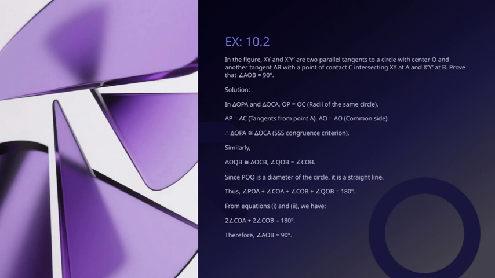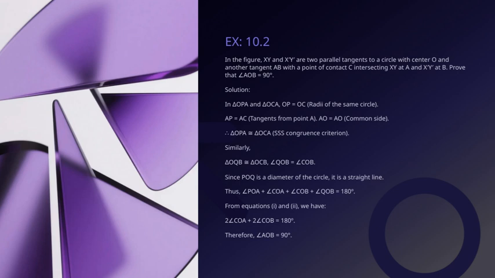This congruence allows us to establish that AP equals AC, since these are tangents from point A, and that AO equals AO, which is simply the common side. Further, in triangles OPA and OCA, because their sides are equal as established, OP equals OC, both being radii of the same circle, we can see that the angles involved are also equal, reinforcing our previous conclusions.